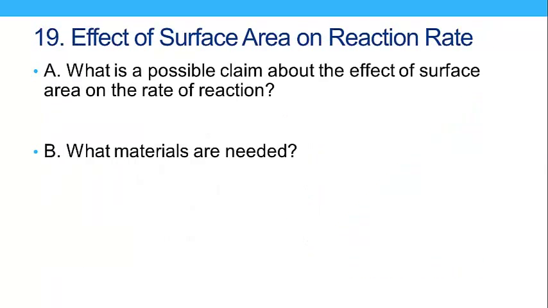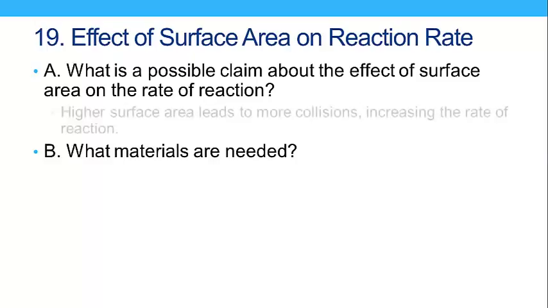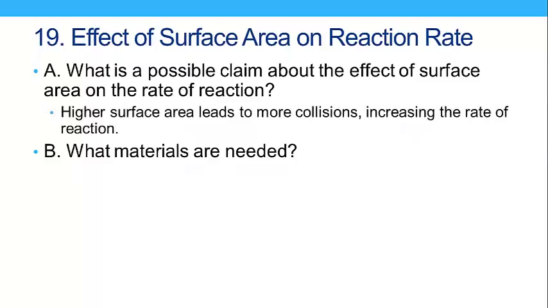So the next question is about designing an experiment to determine how surface area affects rate of reaction. So a possible claim that we can make is that higher surface area leads to more collisions, thus increasing the rate of reaction. So in order to do this, I'm going to need some magnesium with different surface areas, and we're going to react it with hydrochloric acid.